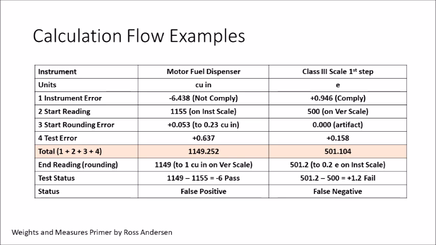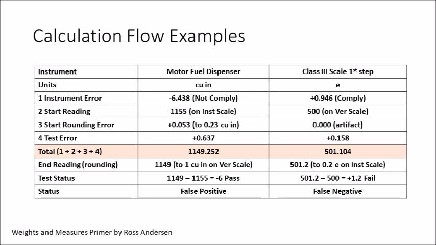When we move to the class 3 scale, we again start by picking the instrument error, plus 0.946e. That complies. And our start reading is 500e on the verification scale. Next, we see that there is no rounding error from the start position because we used an artifact that's at the exact center of the scale division.